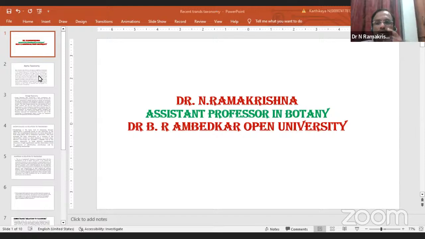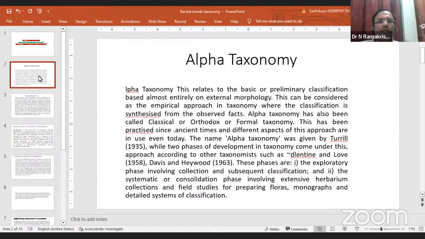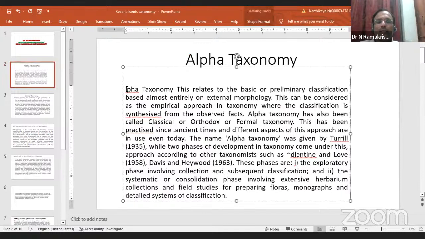See now here, this one is alpha taxonomy. Already you know very well. What is the meaning of alpha taxonomy? Where the external morphology is enough, that is alpha taxonomy.